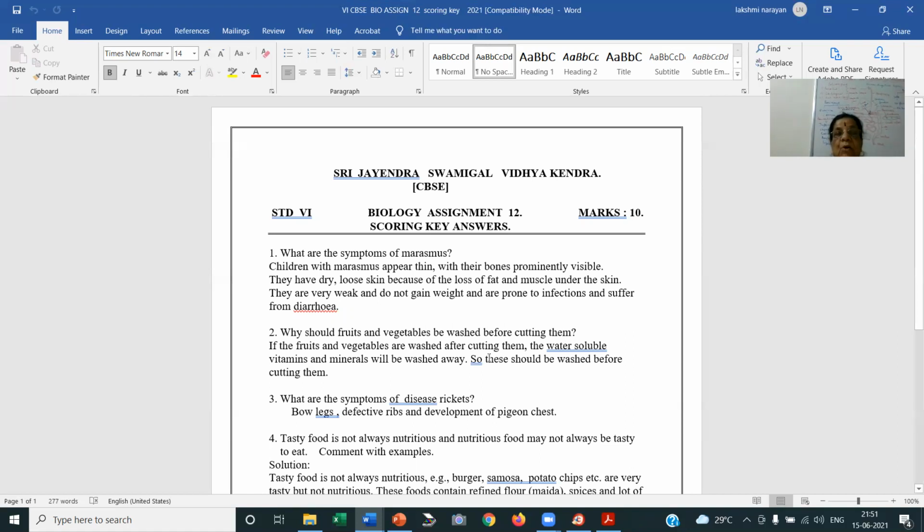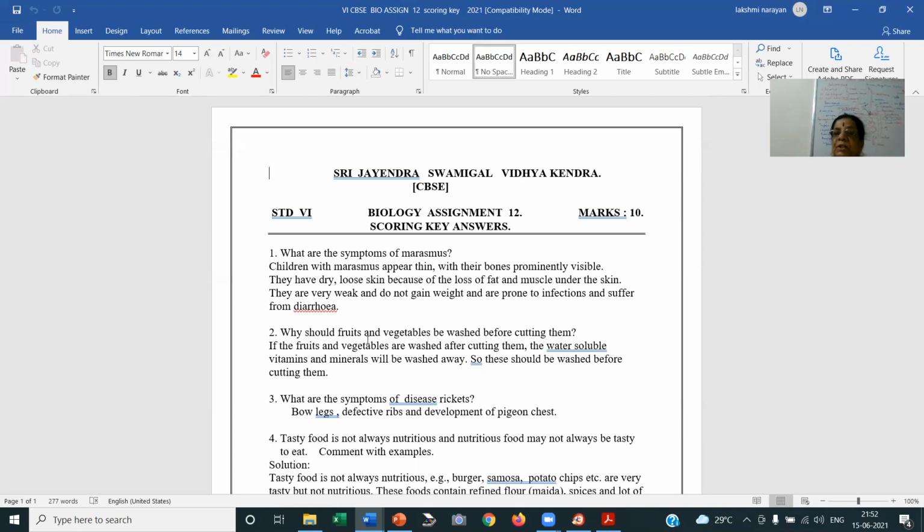Now, what are the symptoms of marasmus? Children with marasmus appear thin with their bones prominently visible. They have dry, loose skin because of the loss of fat and muscle under the skin.